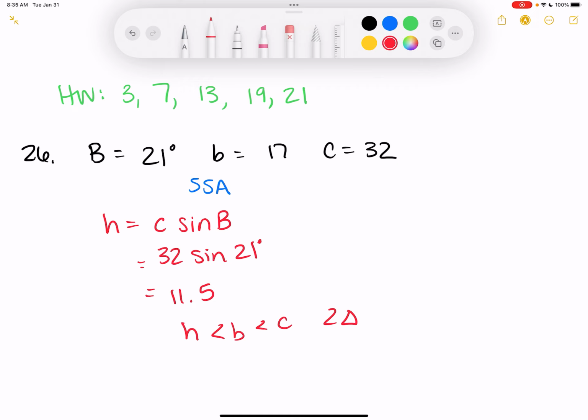I don't remember if it was a problem we had or one in the homework or one that could end up on a quiz, but I've seen it a couple of times where H came out to be like 11.4 or something, but B was 11.